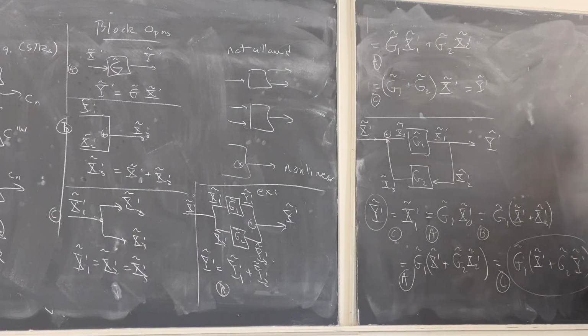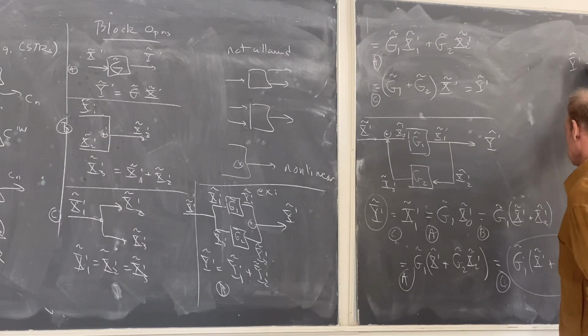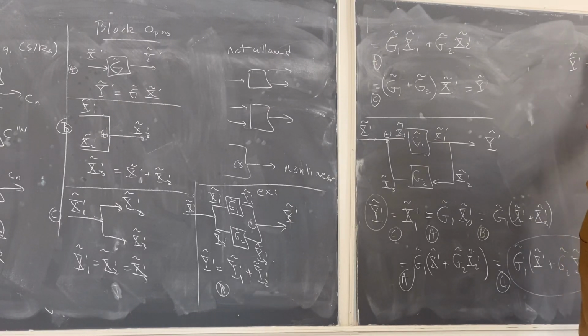So now we solve that, and we have y prime tilde is equal to G1 tilde x prime tilde plus G1 tilde G2 tilde y prime tilde. All I did is distribute this, and now I bring this to the other side of the equation and factor out the y prime tilde.